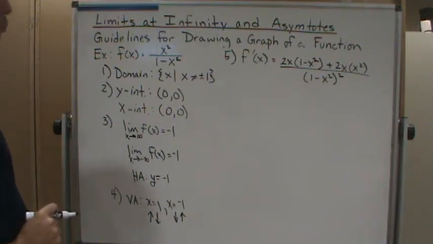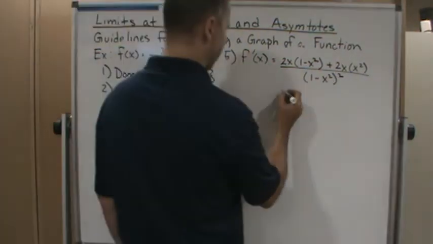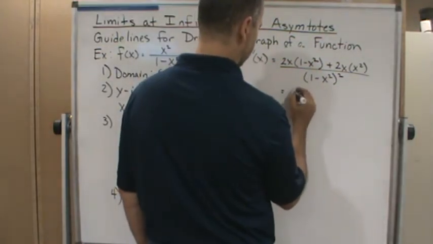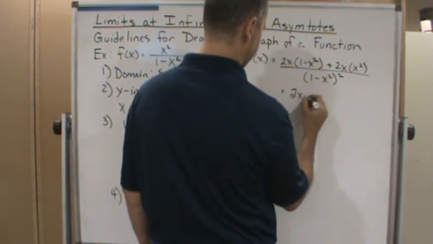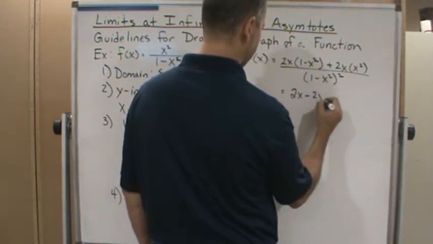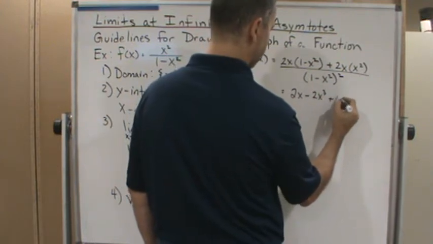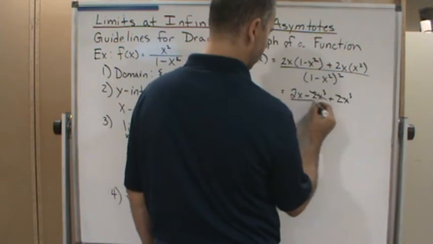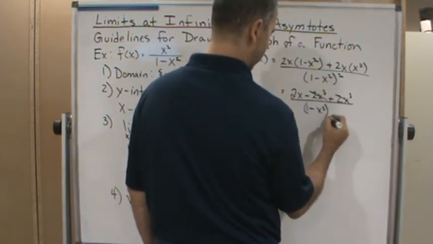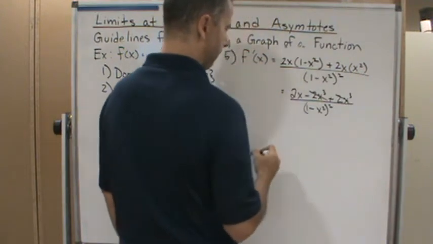Okay, now simplify this. So this is going to be 2x minus 2x cubed plus 2x cubed. So these cancel, and I get 1 minus x squared quantity squared.